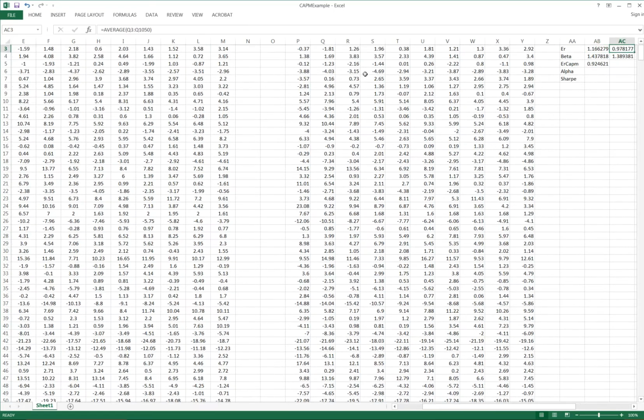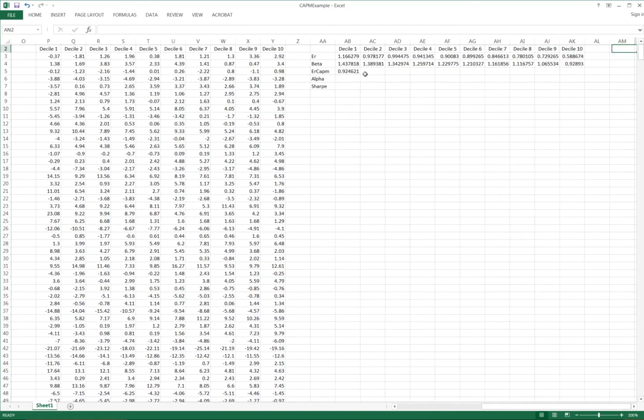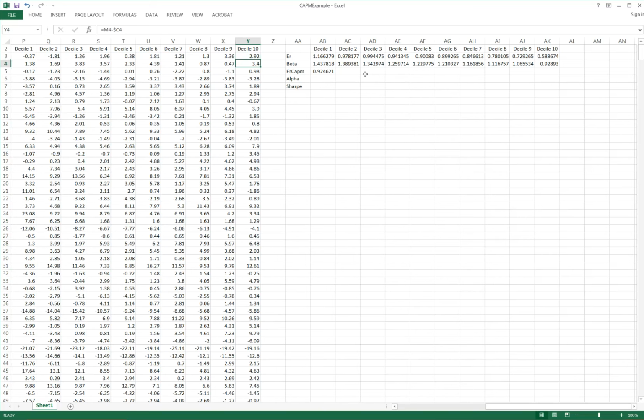And for portfolio 1, we can see that this CAPM predicts that portfolio 1 should have earned a much smaller excess return than it actually did. Put some dollar signs in here again so I can copy it over one more time. Let's see how it looks for the rest.